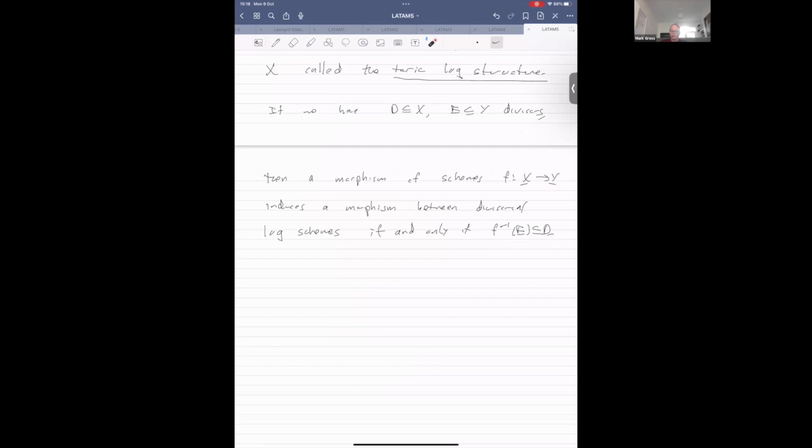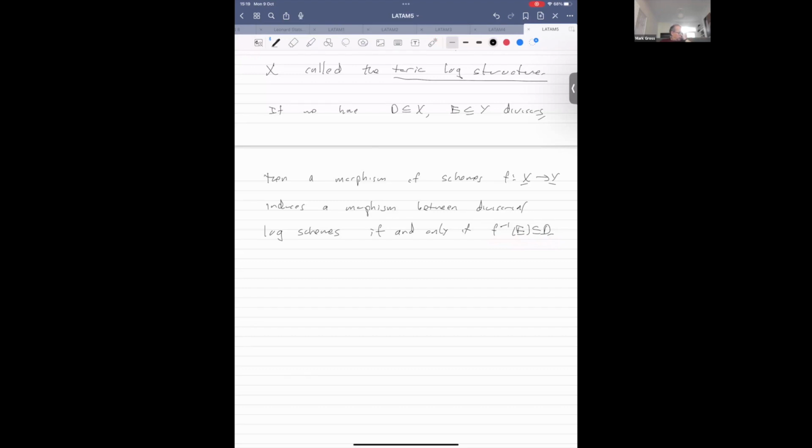So you can think of this maybe as a category of pairs: X with a divisor, and a map between pairs if and only if we have this inclusion. It's not really the usual topological notion of pairs, which would instead require the image of D to be contained in E.